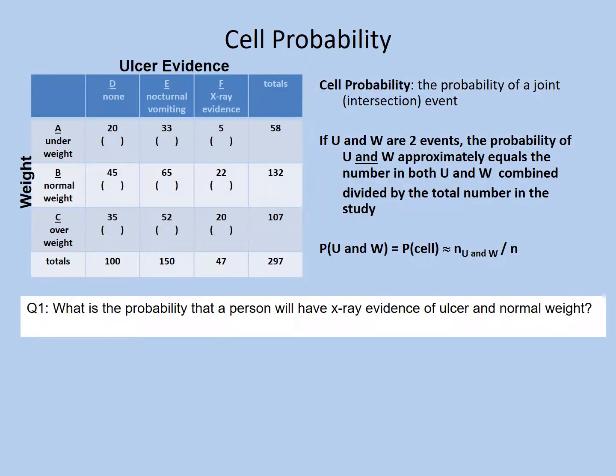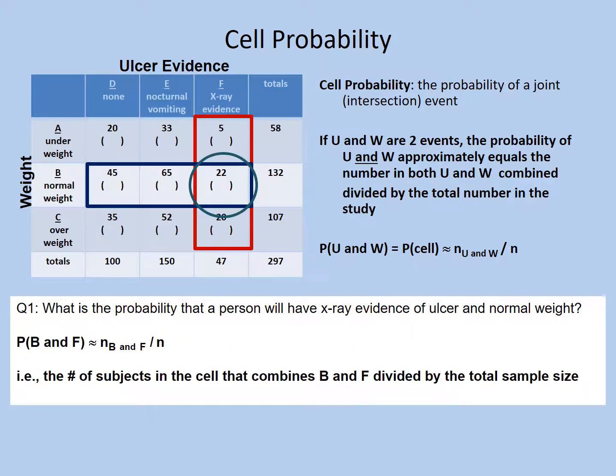So what is the probability that a person will have X-ray evidence of ulcer and normal weight? The answer is the probability of B and F, where B is the event of having normal weight and F is the event of having X-ray evidence.